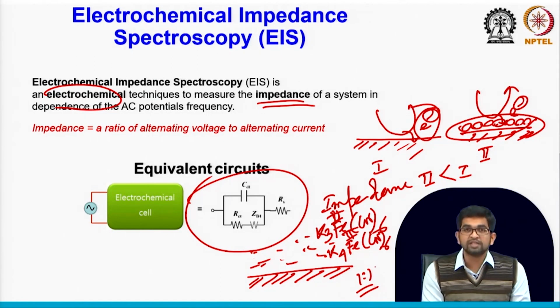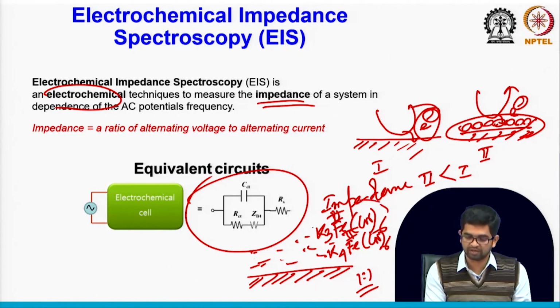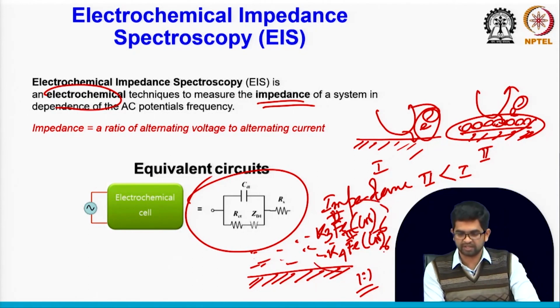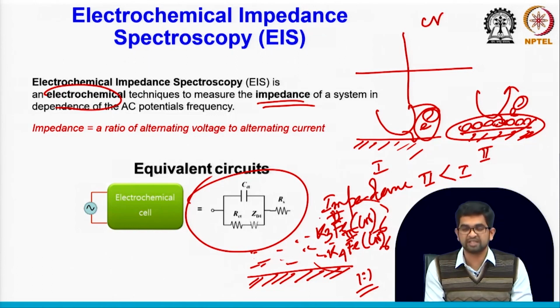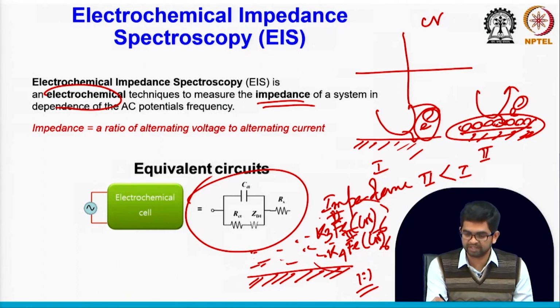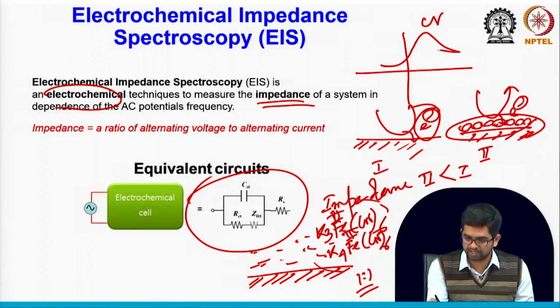And in the impedance spectroscopy, we will apply some potential. That potential will be the formal potential of this electron mediator. Suppose you measure the cyclic voltammetry of potassium ferrocyanide or ferricyanide; basically one is in the higher oxidation state, one in the lower oxidation state, and they are a very reversible reaction, right? So it will be like this.